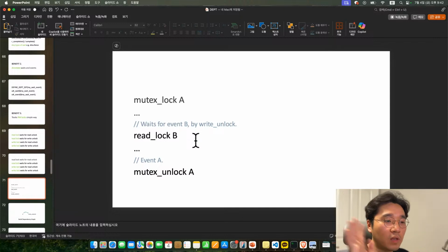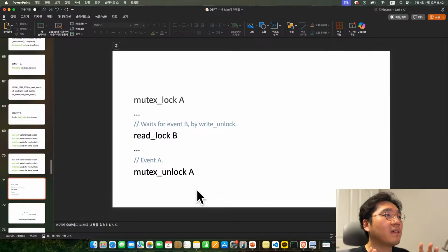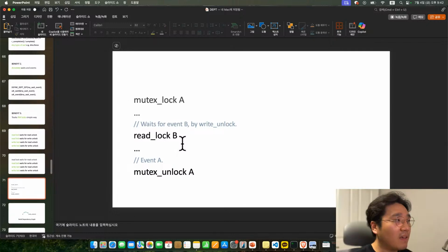So we don't care about read lock B and read unlock B. We care about the write unlock. And in this situation, the unlock of A, event A, depends on the write unlock from B, right?